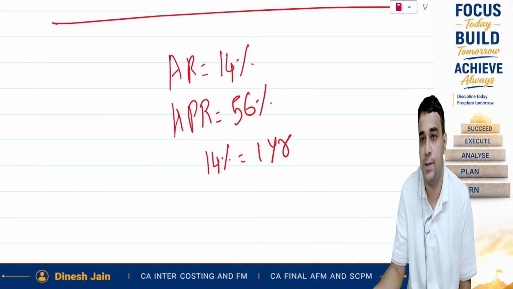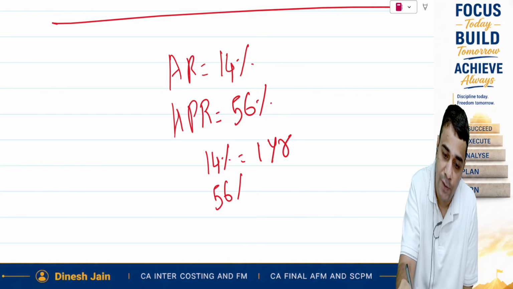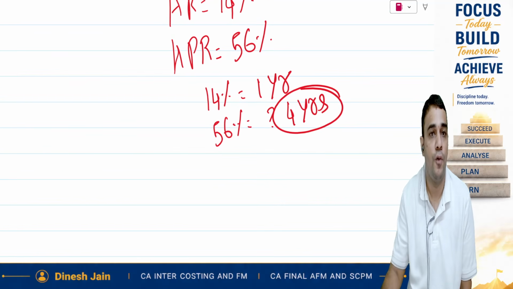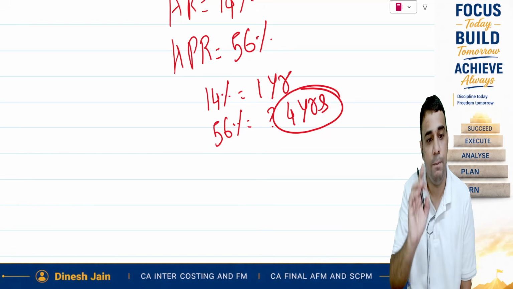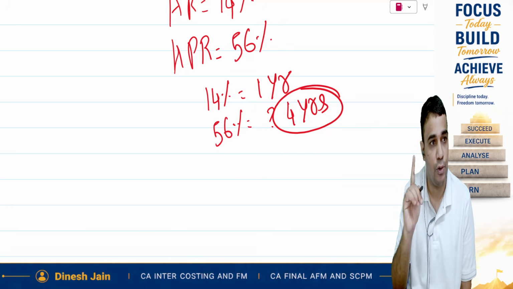You can write 12 months also, you can call it 1 year also. 14% equal to 1 year. 56% equal to what? 4 years. 56% is equal to 4 years.